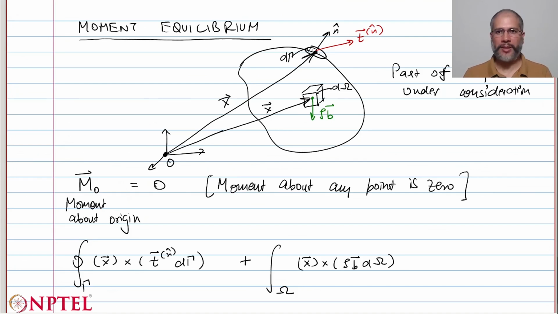Now as I do the integral, the position vector will change because I am changing the volume of the surface elements in the integrals. So the x vector depends on the position of the infinitesimal volume or infinitesimal area, and that is the reason I have written the position vector as x vector.